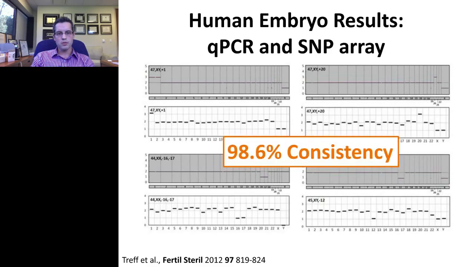And here we showed approximately 99% consistency between qPCR and SNP array technology. And this was also important because showing the equivalence of qPCR to SNP array actually allowed us to benefit from some of the clinical trials that we had done using SNP arrays to justify the use of qPCR in future studies.